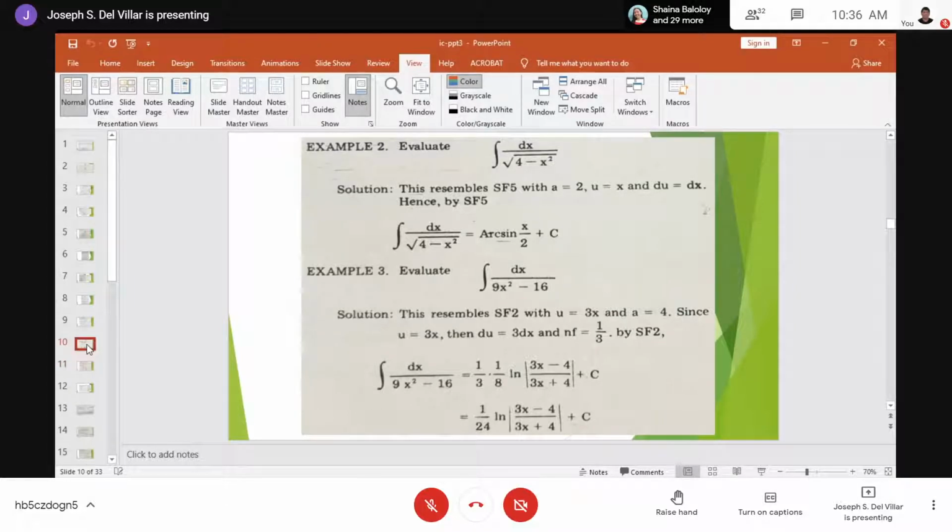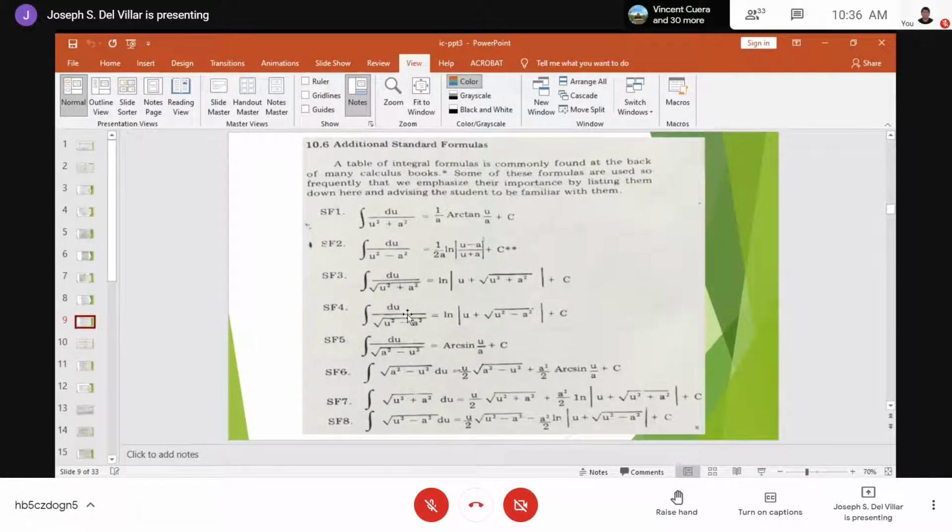So the constant comes first. If you apply it here, this is it. This is standard formula number 5: arc sine of u over a plus c, provided that du is an exact differential of u.